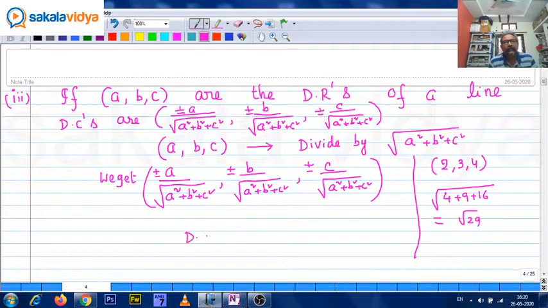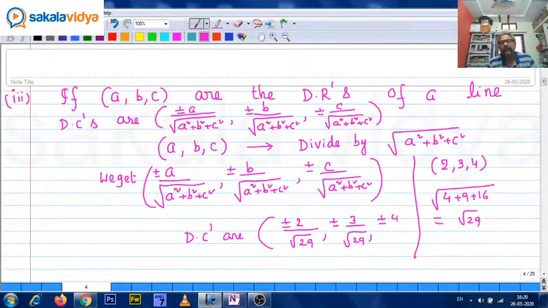So the DCs are plus or minus 2 by root 29, plus or minus 3 by root 29 and plus or minus 4 by root 29. So these are the DRs, these are the DCs. So we can find them like this.